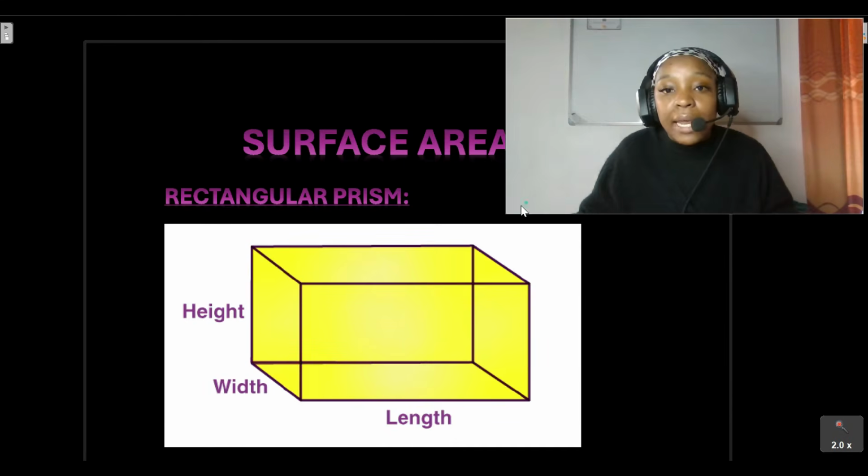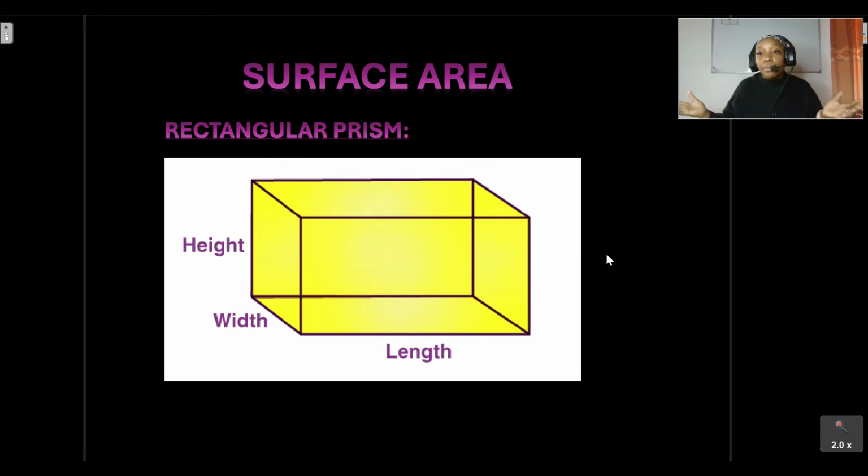of that shape. Okay, so for example, we started off with your rectangular prism, your Benelin box. If I asked you to calculate now the surface area of this box, all that you need to know is what are the dimensions for this box? What is the length of this box? What is the width of this box? What is the height of this box?